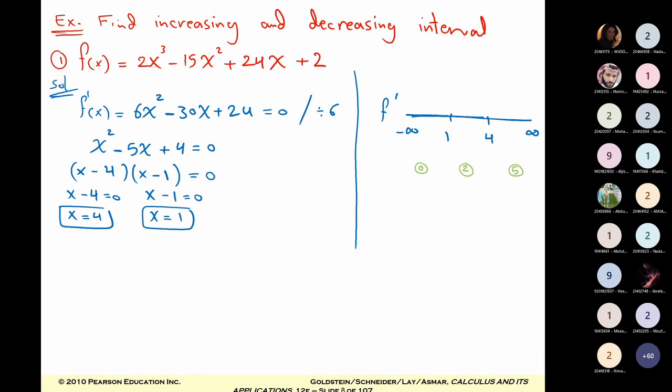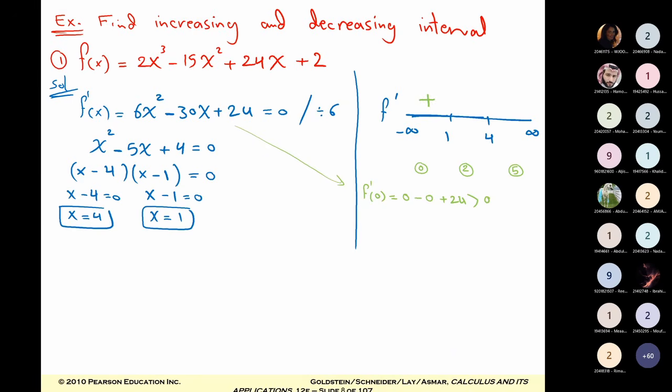Okay, good. Substitute these values in f prime. So f prime at 0 equals what? We have 0 minus 0 plus 24. So positive or negative? Positive.